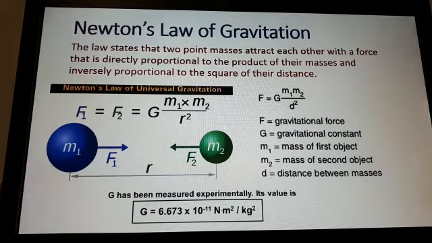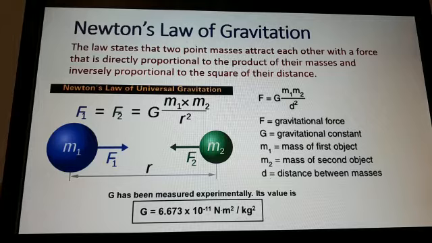The law states that two point masses attract each other with a force that is directly proportional to the product of their masses and inversely proportional to the square of their distance. So F is directly proportional to m1 into m2, and F is proportional to 1 by r squared.